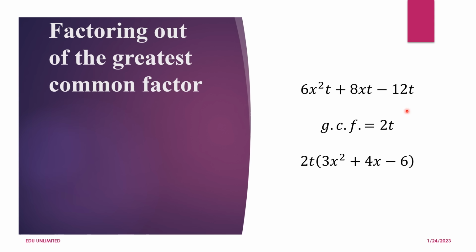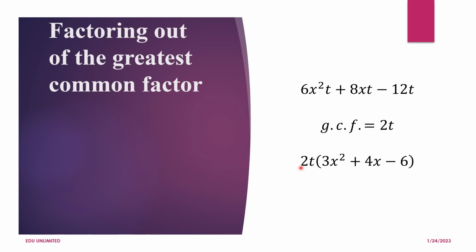So we pull 2t outside of the bracket and then we divide. For example, 2 into 6 gives us 3, and we put back the x squared because we already have 2t. So if we were to multiply 2t by 3x squared, the result would be 6x squared t. And then 2t into 8xt gives us 4x.